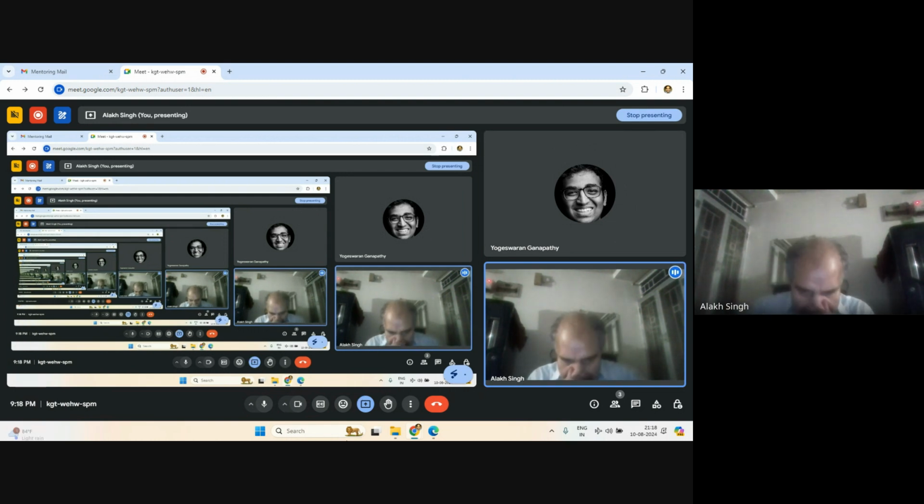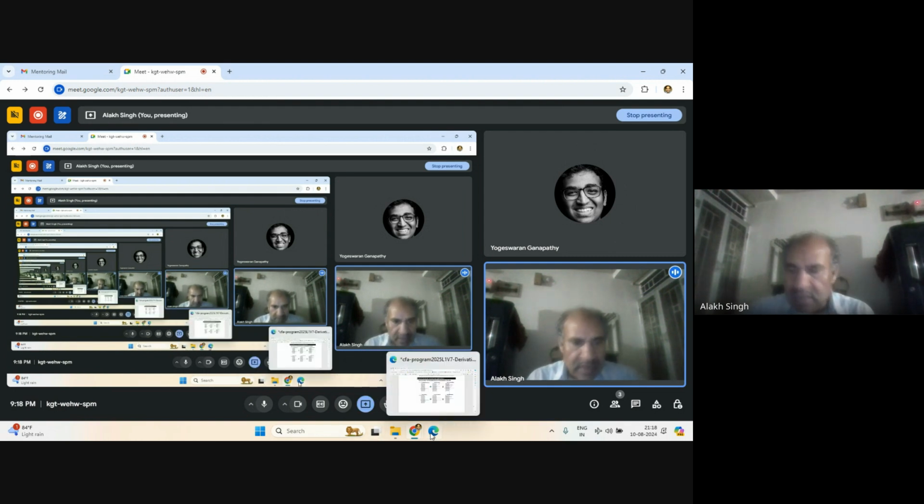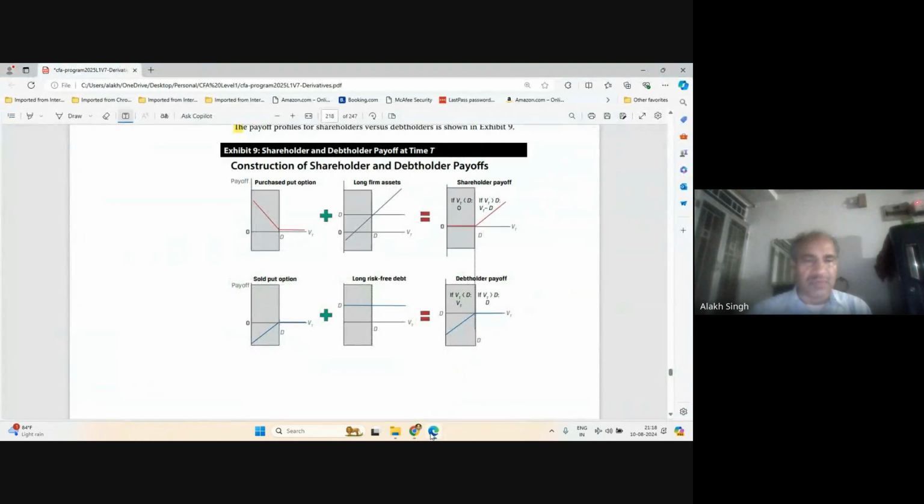We were on this page, where the exercise price for the shareholders' put, and for the call as well, was the total value of the debt of the firm. Since shareholders are long firm assets, they purchased a put, so it went down and started from here, because below the total debt they don't have to pay anything.